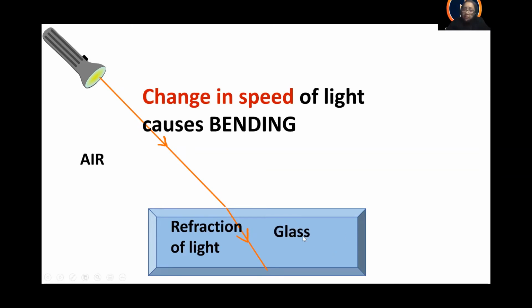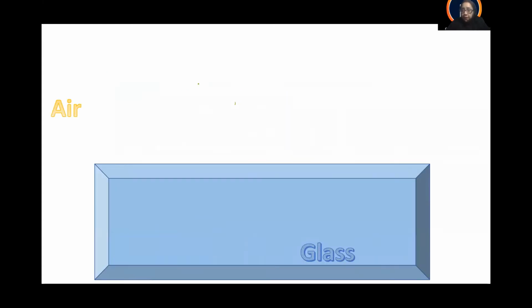Now this particular change in speed of light causes the bending of light. Previously within the air, the speed of light is 3 times 10 to the power 8 meters per second. And in this example, whenever it enters the glass, the speed of the light decreases to, for example, 2 times 10 to the power 8 meters per second, and hence causes the bending of light.